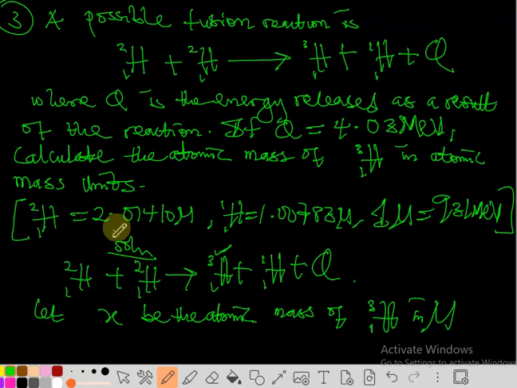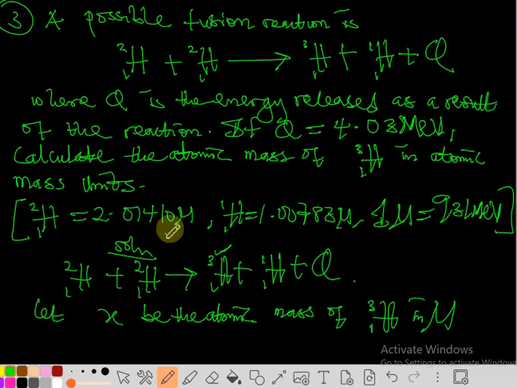If you look at this, the atomic mass for deuterium is given as 2.01410 unified atomic mass unit. Then for protium, 1.00783 unified atomic mass unit, and 1 unified atomic mass unit is 931 mega electron volts.